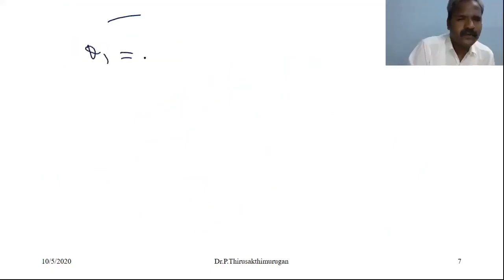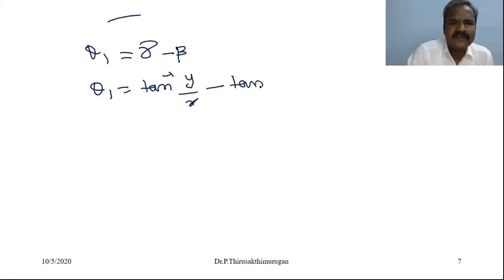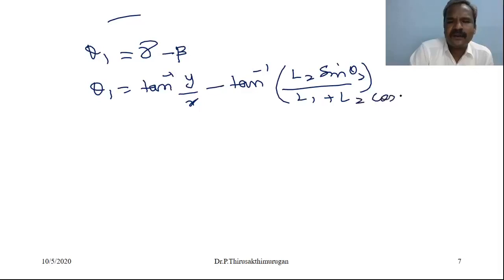Theta 1 equal to gamma minus beta. So what is gamma? Theta 1 equal to tan inverse of y by x minus tan inverse of L2 sin theta 2 divided by L1 plus L2 cos theta 2.